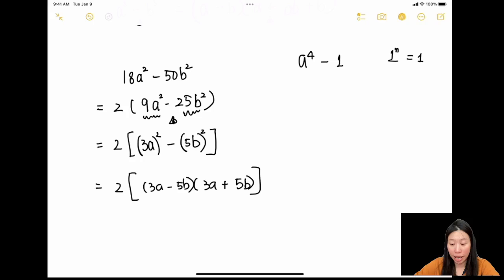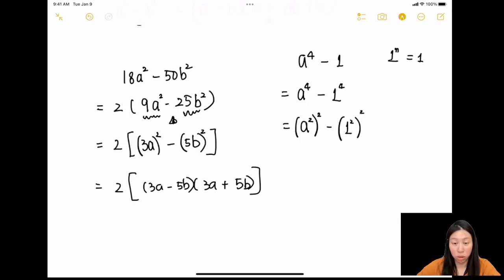So that means 1, we can write it as 1 to the fourth: a to the fourth minus 1 to the fourth. Why are we trying to construct that? Because we can write a to the fourth as a squared squared minus 1 squared squared. So we have a difference of squares, which means we have a squared minus 1 times a squared plus 1.